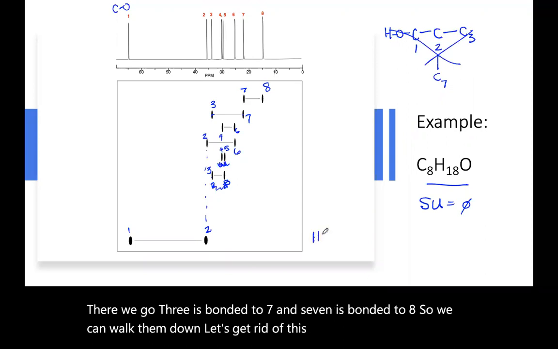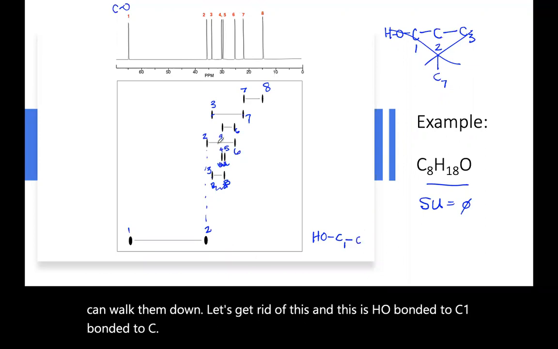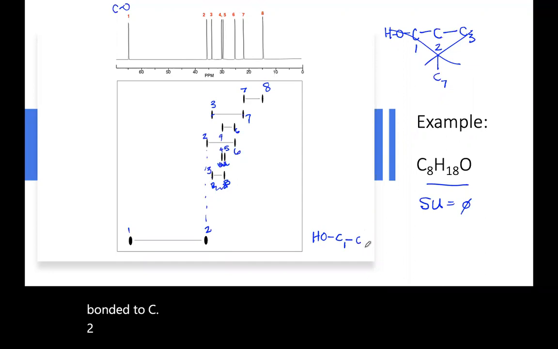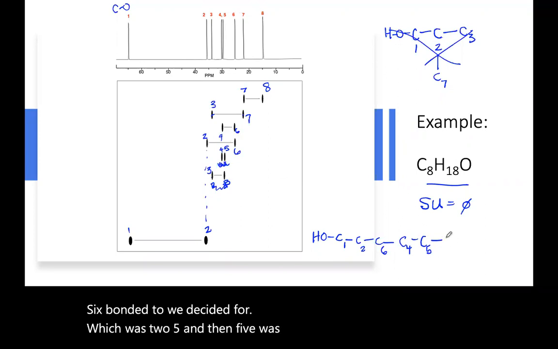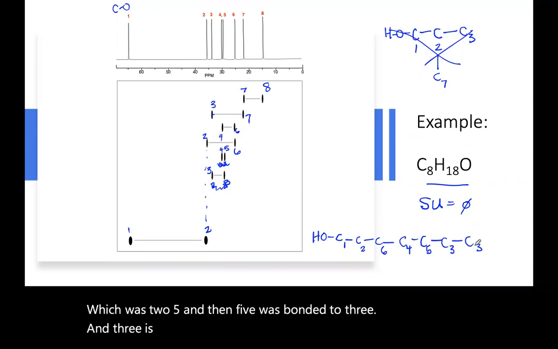And this is HO bonded to C1, bonded to C2, right? 2, 6, 6 bonded to, we decided 4, which was to 5, and then 5 was bonded to 3, and 3 is bonded to 7, and 7 was bonded to 8.